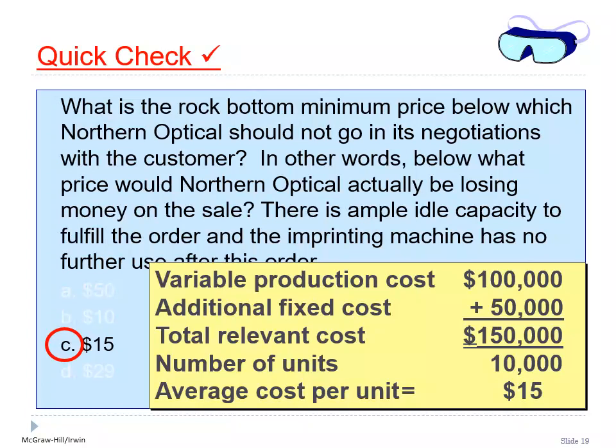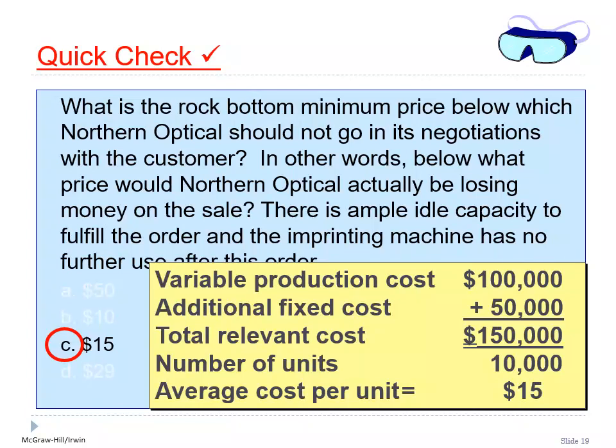Okay everyone? We calculate it this way, we focus only on the relevant cost. The relevant cost here is the costs that are related closely to the order, which are variable production cost, which is direct material, direct labor, and the variable overhead cost, and the additional fixed cost if it exists.